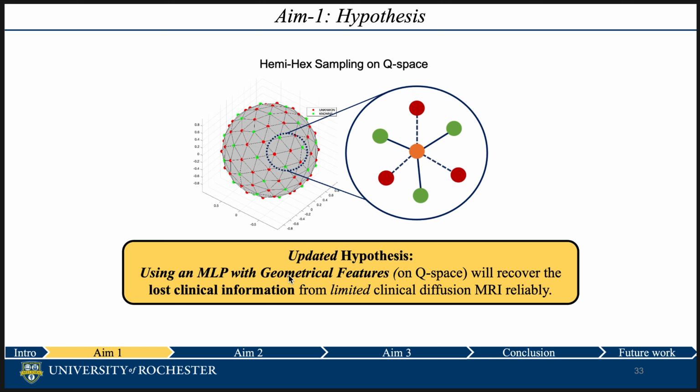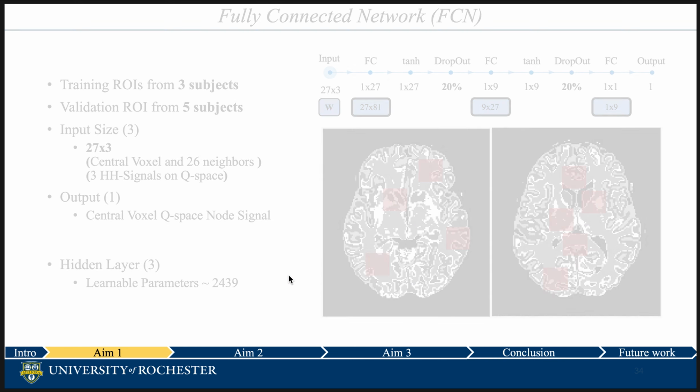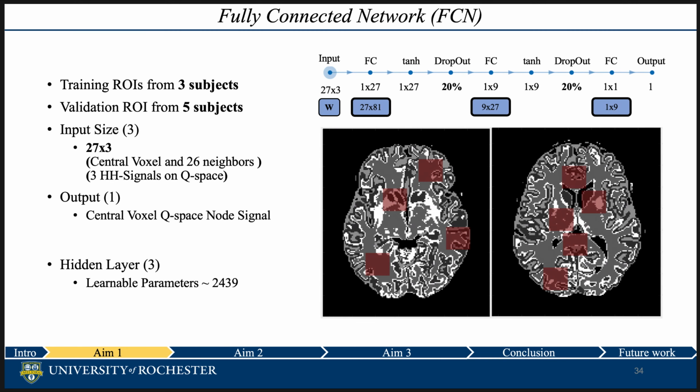So this brings us to our updated hypothesis, where we are saying that using an MLP with geometrical features on the Q space, we will be able to reliably recover the lost clinical information from limited clinical diffusion MRI. And so we defined our fully connected network, which is a very simple network with 2400 learnable parameters. We sampled our data set with a patch-based approach.